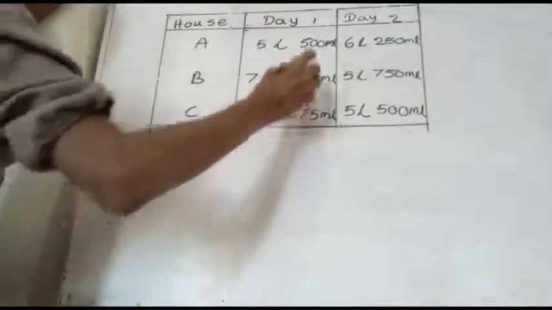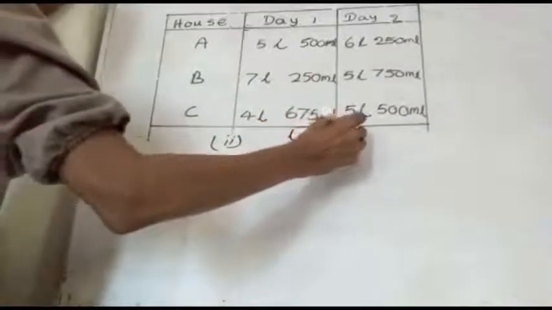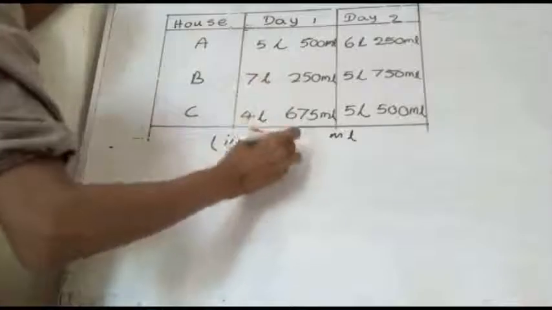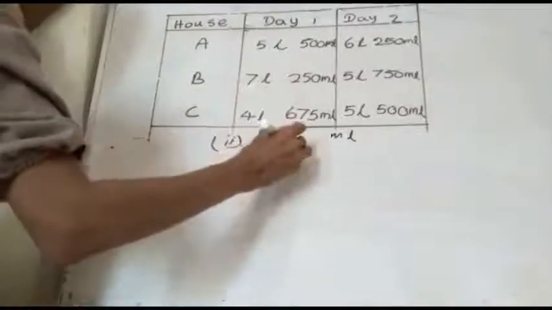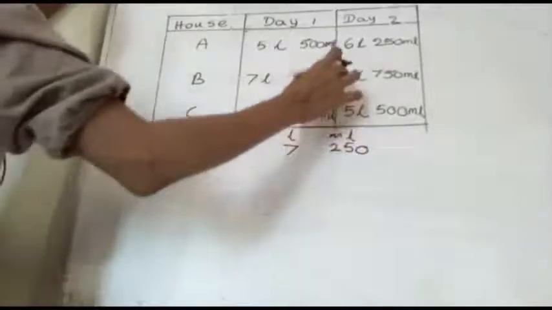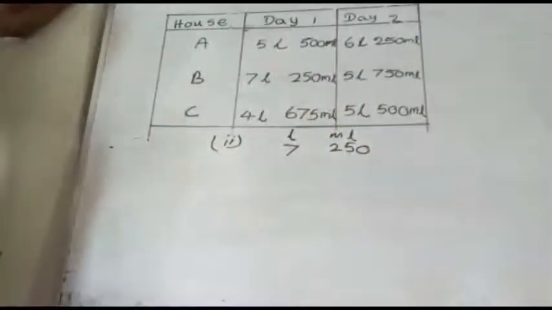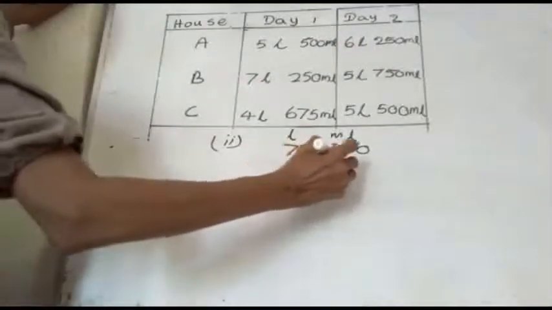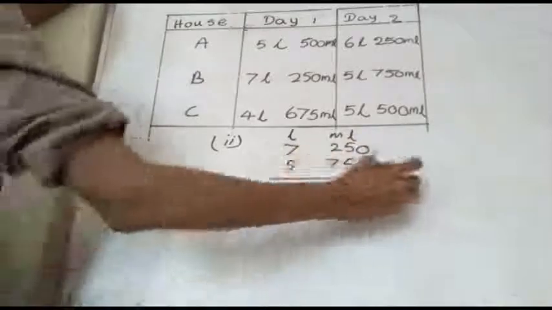Again listen please. Then liters, milliliters. Quantity of first day 7 liters and 250 milliliters. The quantity of milk collected on the second day 5 liters and 750 milliliters.